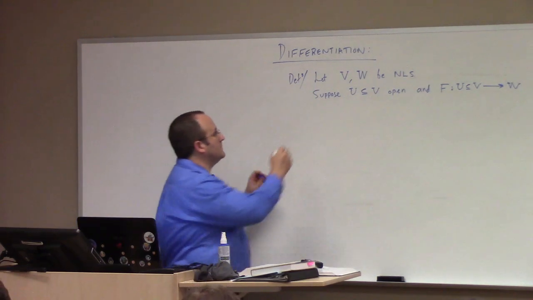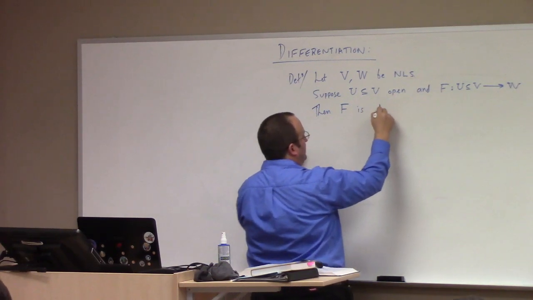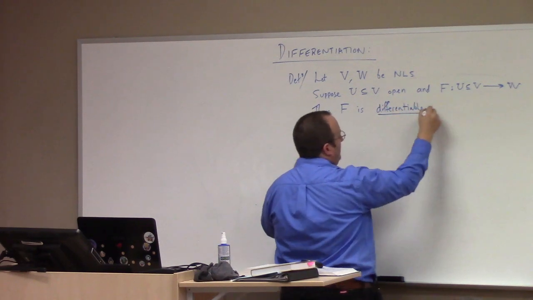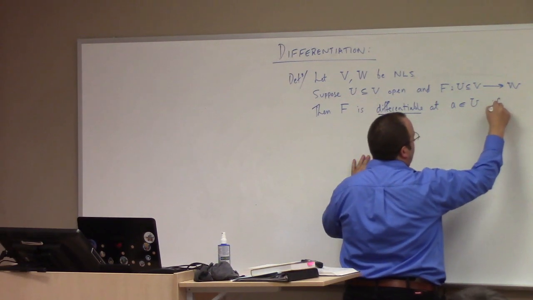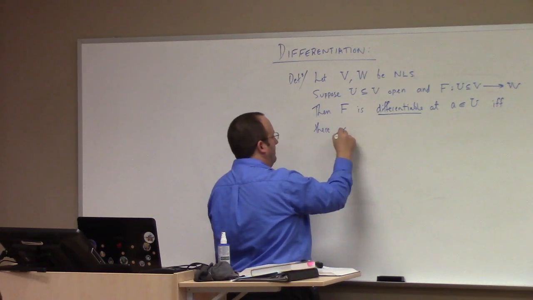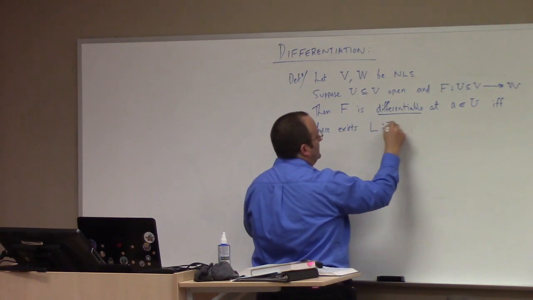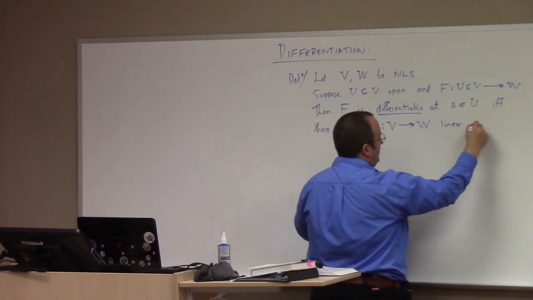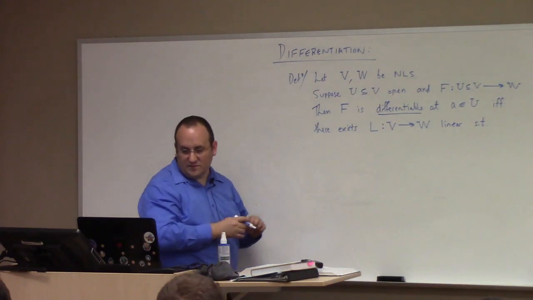Then F is differentiable at A in U if and only if there exists L from V to W, linear, such that the following limit holds.